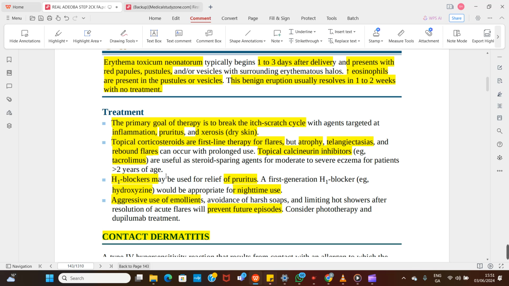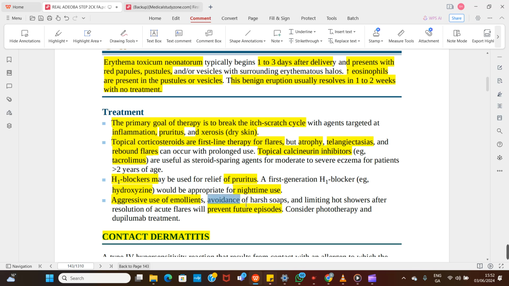So they are very good for moderate to severe atopic dermatitis in individuals more than 2 years of age. Or if you have been using your steroid for a long time and it's not working, you can try your topical calcineurin inhibitors.